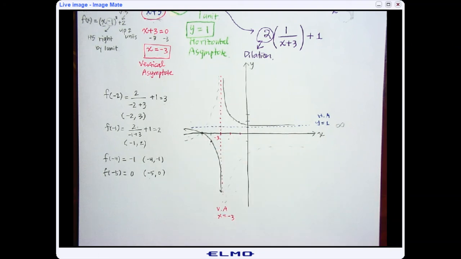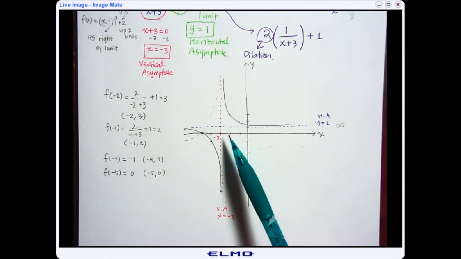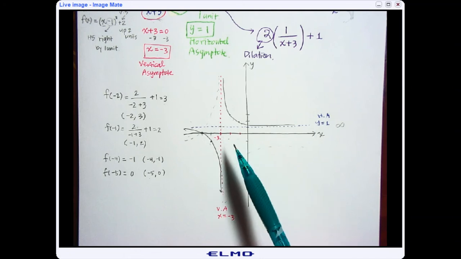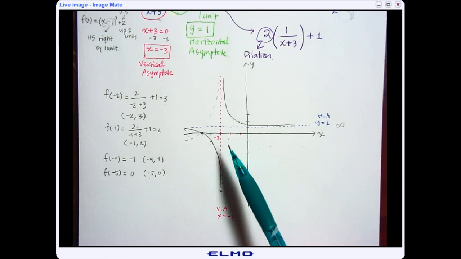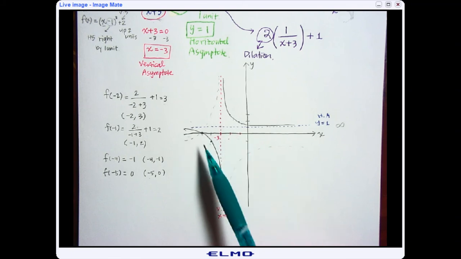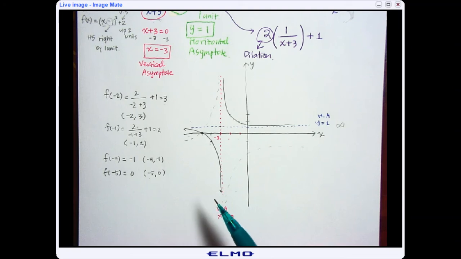That way you can verify your general shape of the rational function. But to be more accurate, you should always test some neighboring points around the asymptote so that you can plot them and connect them to have a more accurate shape of the curve.